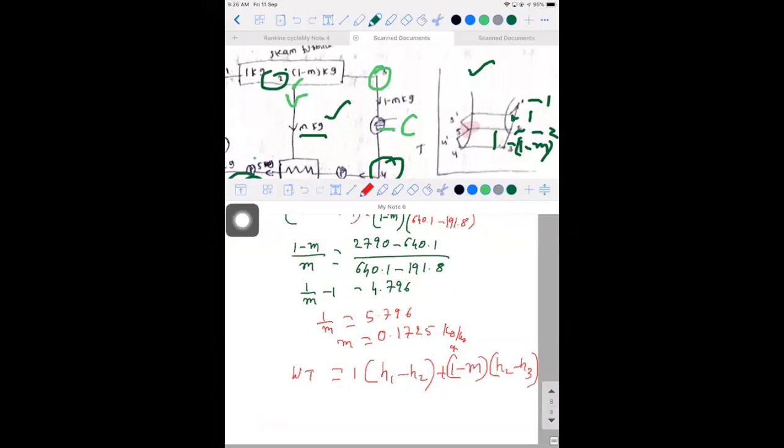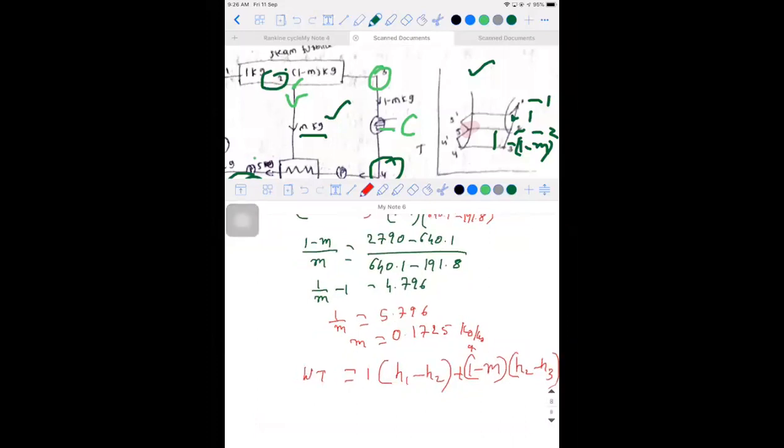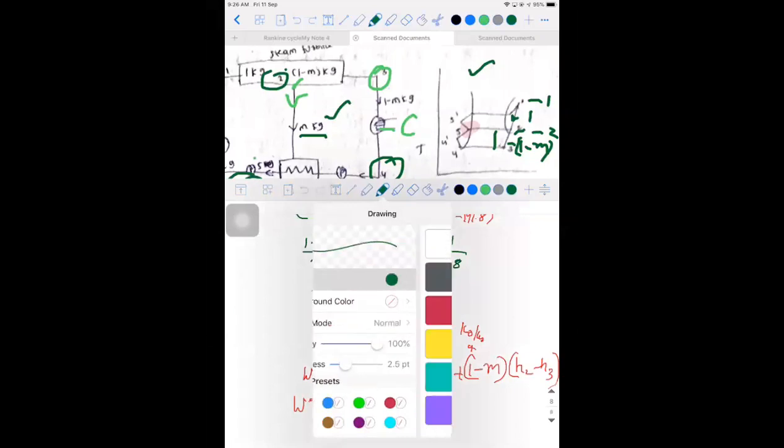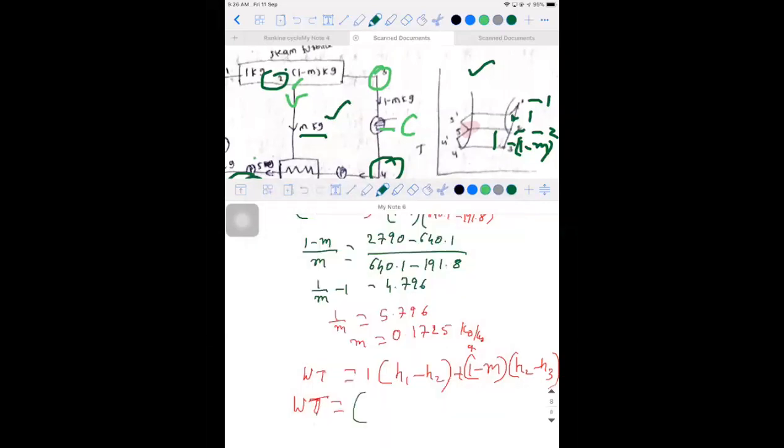Here you have WT is equal to H1. What is the value of H1, sir? 3230 minus H2, 2790, plus (1 minus m).